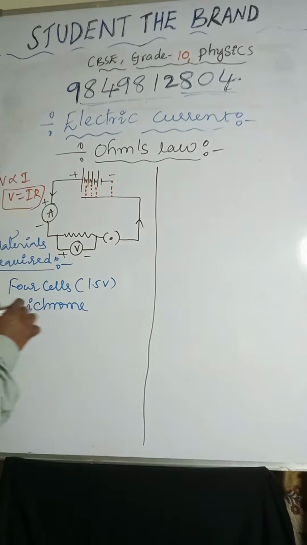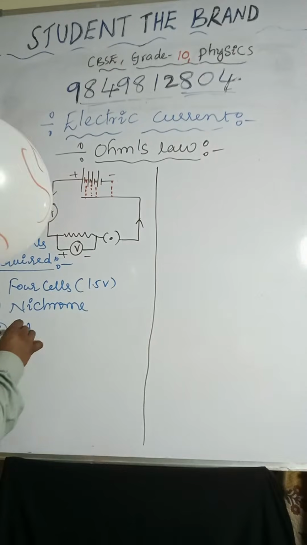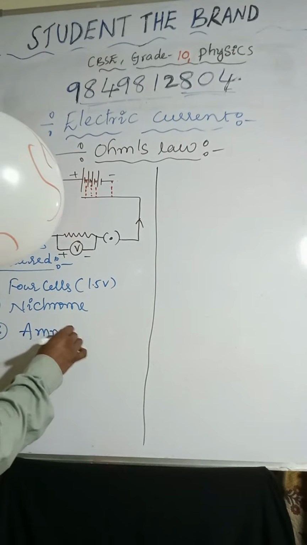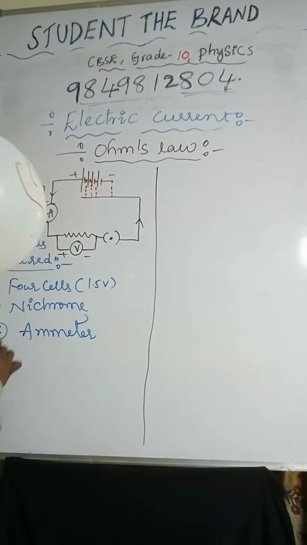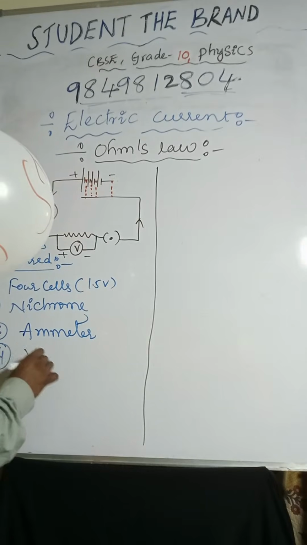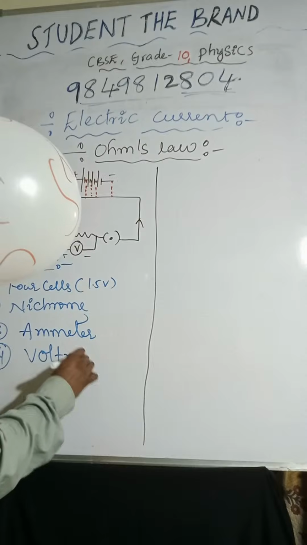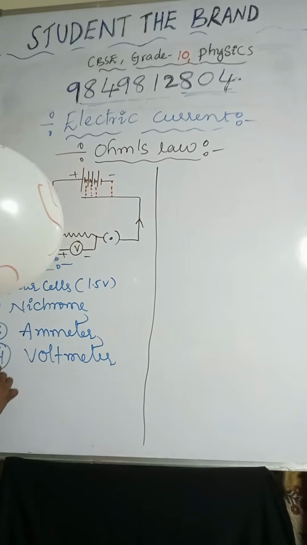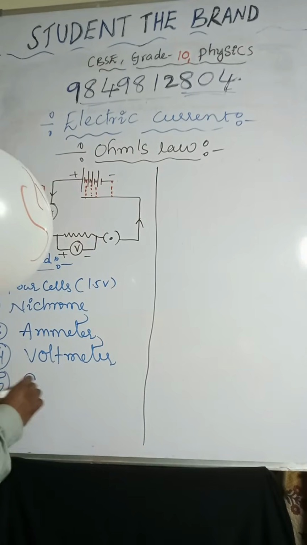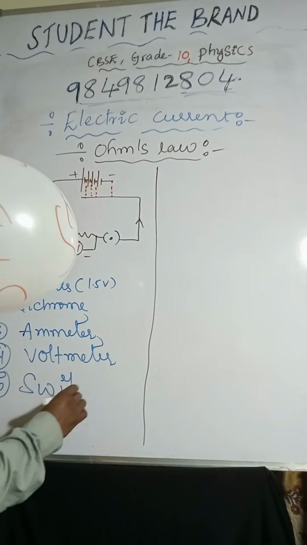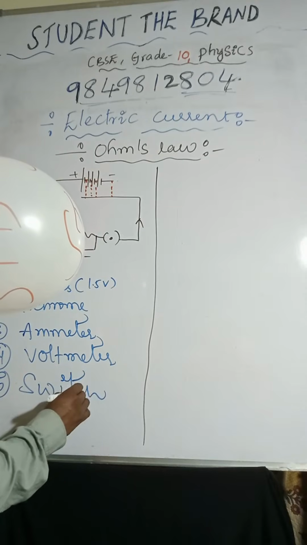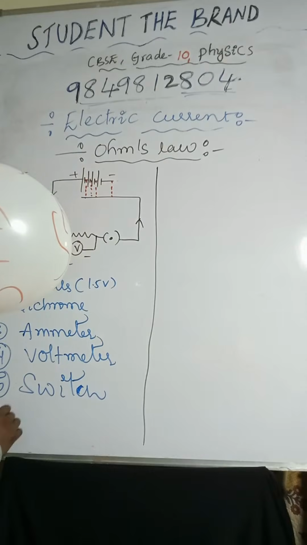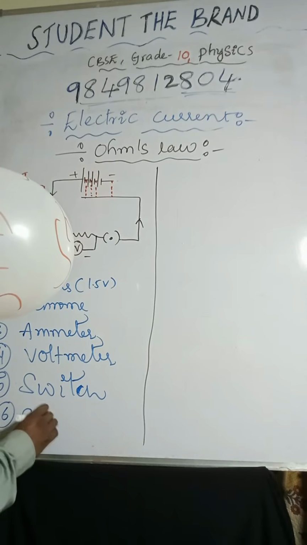Third one, ammeter, and fourth one, voltmeter. The fifth one is switch, and the sixth one is connecting wires.